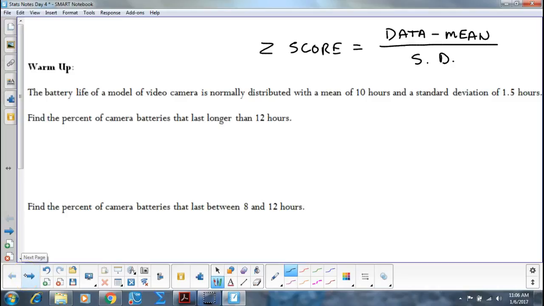Alright, so looking on this one, lasting longer than 12 hours, right? So my z-score here is going to be 12 minus the mean, which was 10, divided by the standard deviation, which was 1.5.